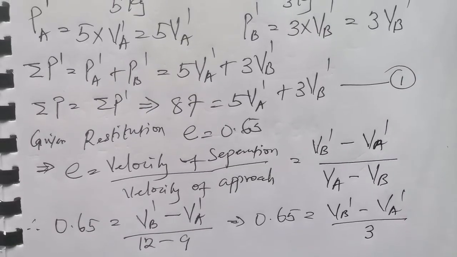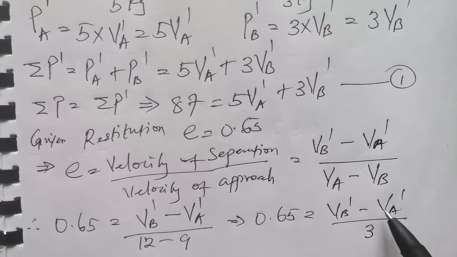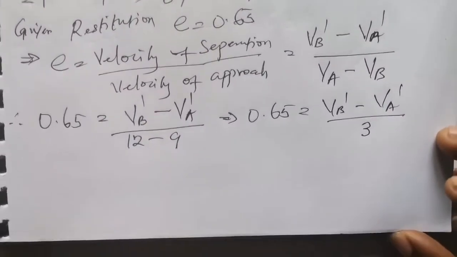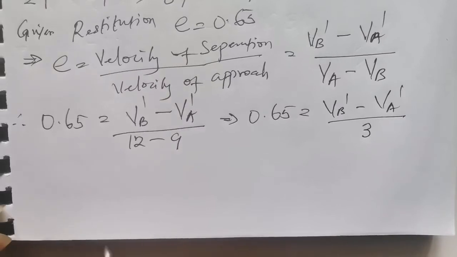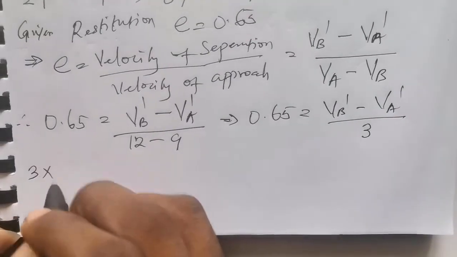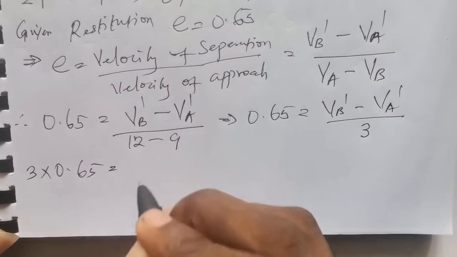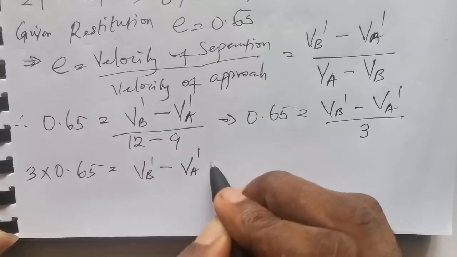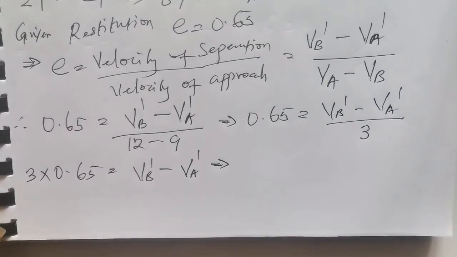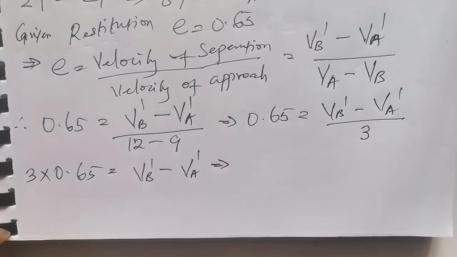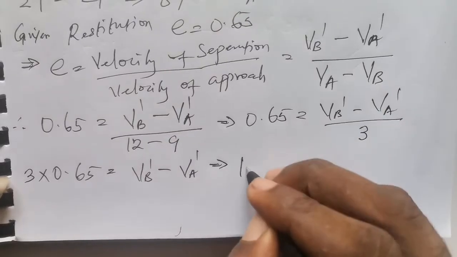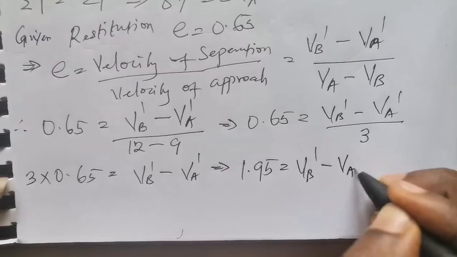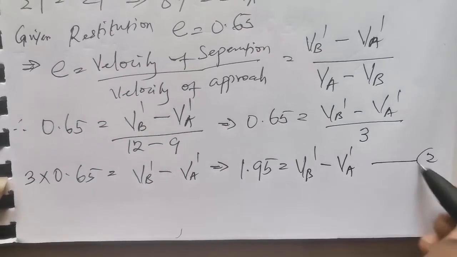So we can easily cross multiply. 3 multiplying the whole of this gives us this difference. We are simply going to have 3 times 0.65, and that is equal to VB prime minus VA prime. What is then 3 times 0.65? That gives us 1.95 to be equal to VB prime minus VA prime. So you can call this equation 2.